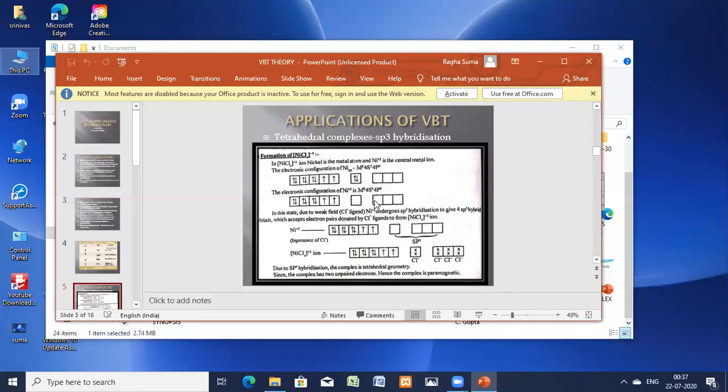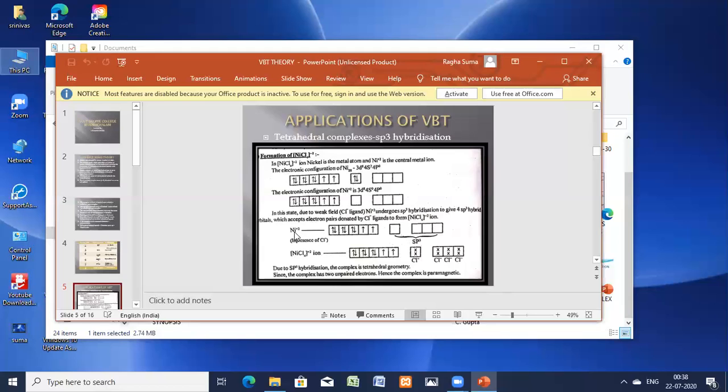Nickel is undergoing sp3 hybridization. So 1 s orbital, nickel atomic orbitals, 1 s orbital and 3 p orbitals undergo hybridization, sp3. Nickel is now +2 charge, 2 electrons lost.